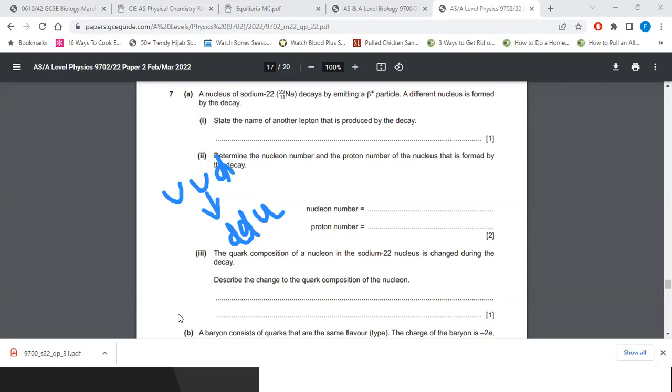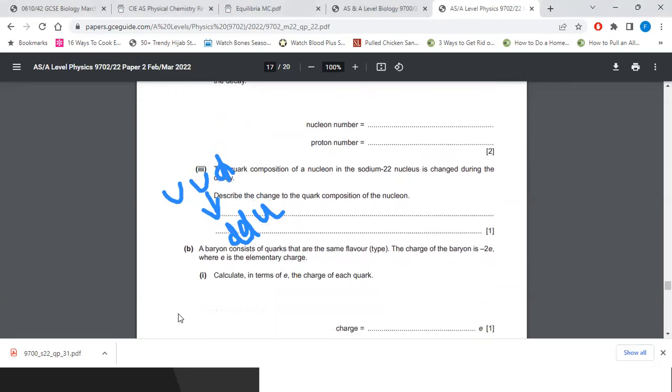Okay. Then they're saying a baryon consists of quarks that are the same type, right? So they're saying the charge of the baryon is minus 2e, where e is the elementary charge. Calculate in terms of the charge of each quark.